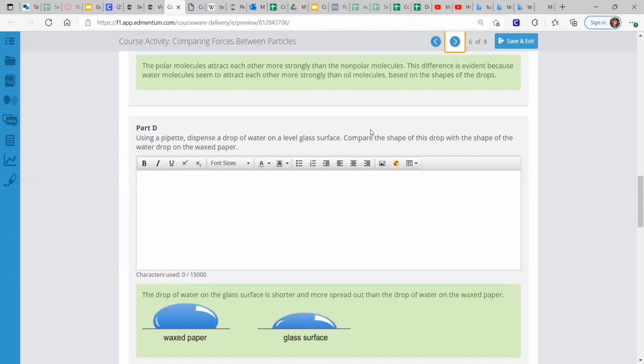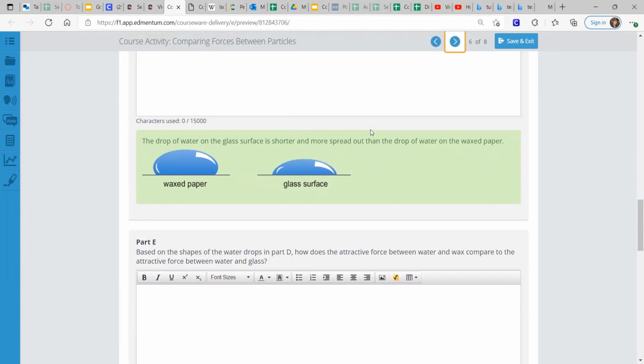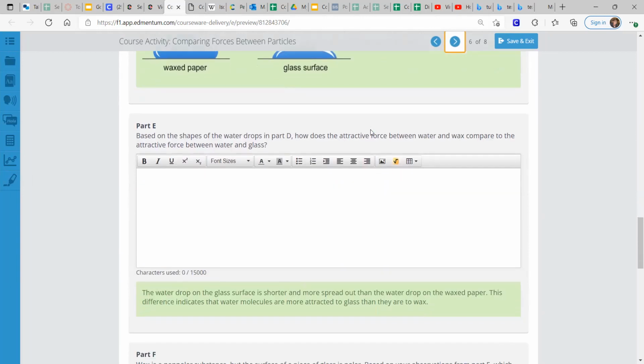Compare the shape of this drop with the shape of the water drop on the waxed paper. The drop of water on the glass surface is shorter and more spread out than the drop of water on the waxed paper. How does the attractive force between water and wax compare to the attractive force between water and glass?